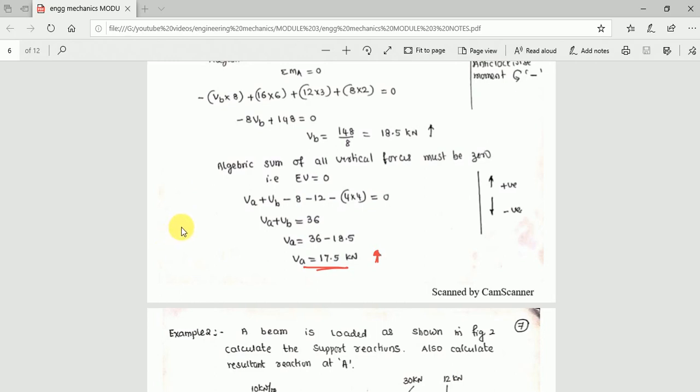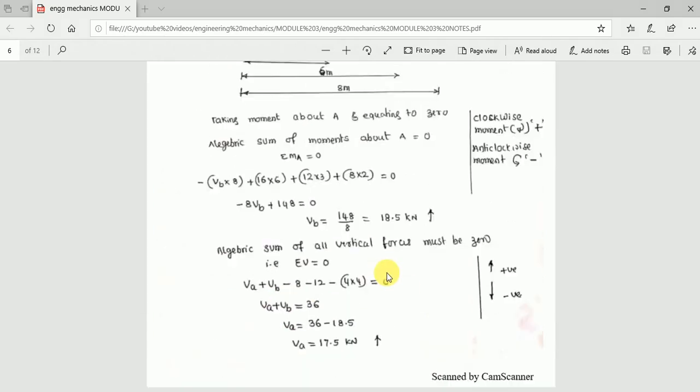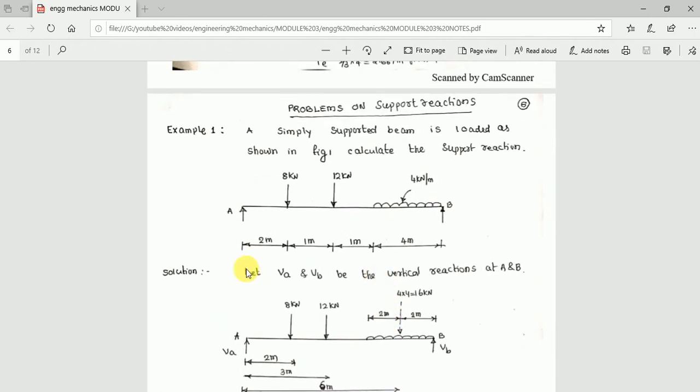Okay, so support reactions. In this manner we have to find the support reactions. Once again I will brief the steps involved. What are the steps involved? First step, convert UDL or UVL into concentrated load.